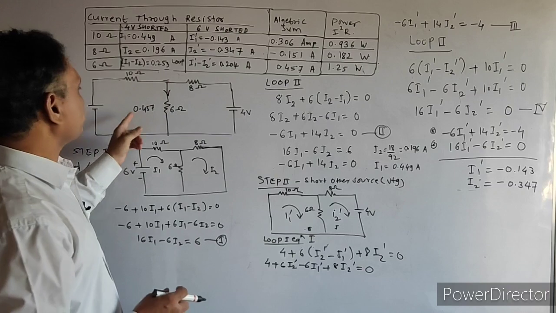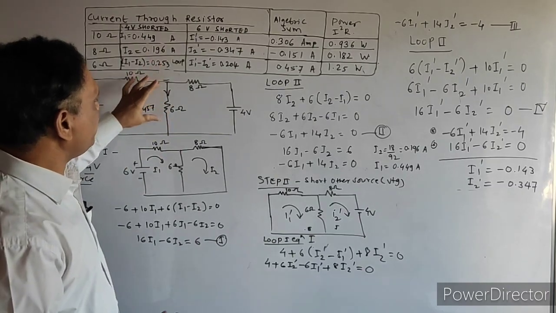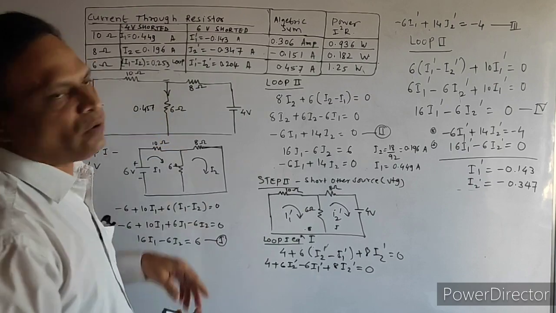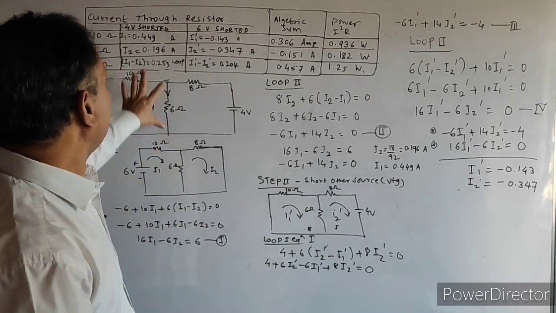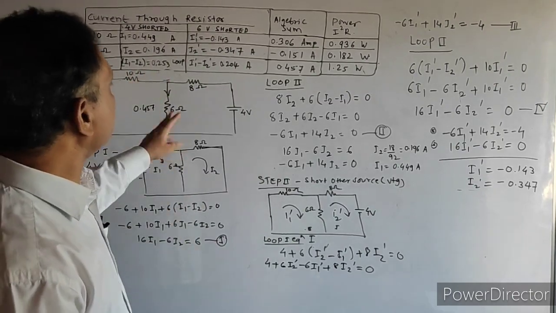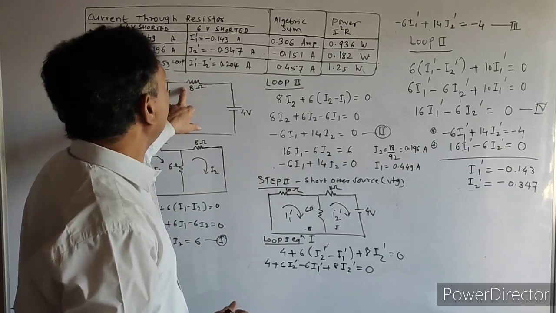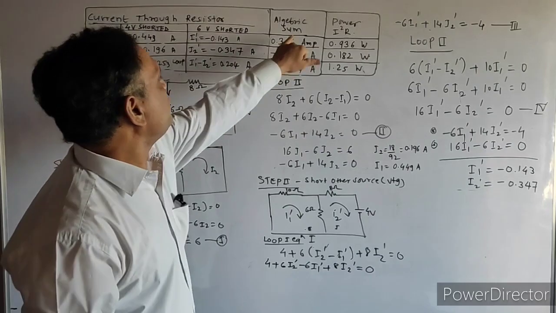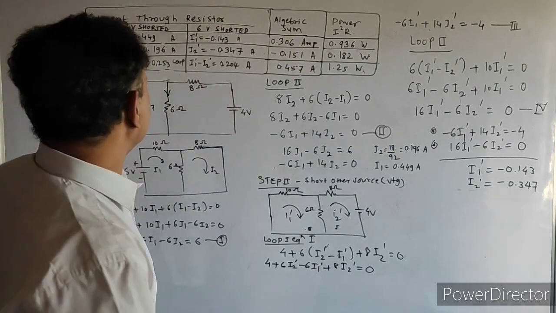So the voltage at this point, if the current is multiplied by this resistance, you will get the voltage across these two terminals. Similarly, if the 8 ohm is multiplied by the current, this will be the voltage drop across this resistance.